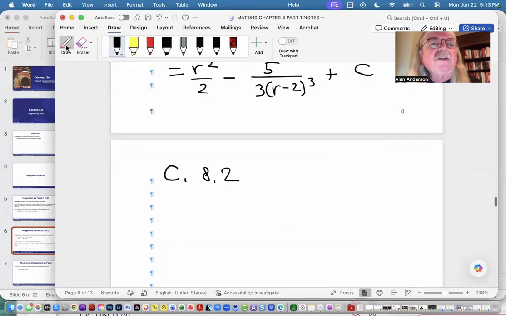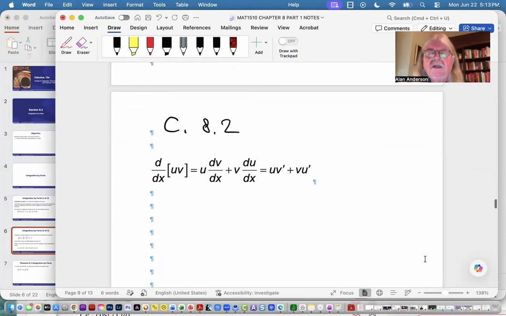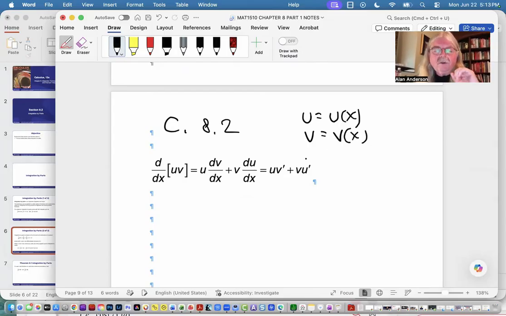There's a lot of notation that means the same thing, but there's certain notations that tend to be used for certain applications, and this is one of them. So the derivative of the product of u and v. Now they're assuming here u is a function of x, and so is v. So be aware of that. That means what you're doing here is you're using the product rule.